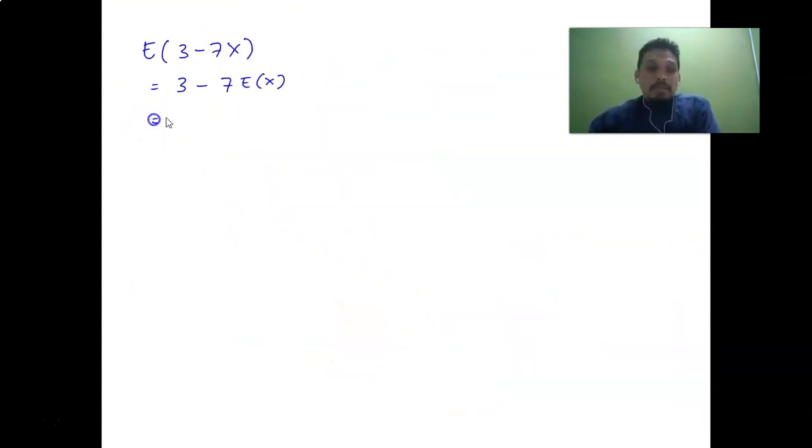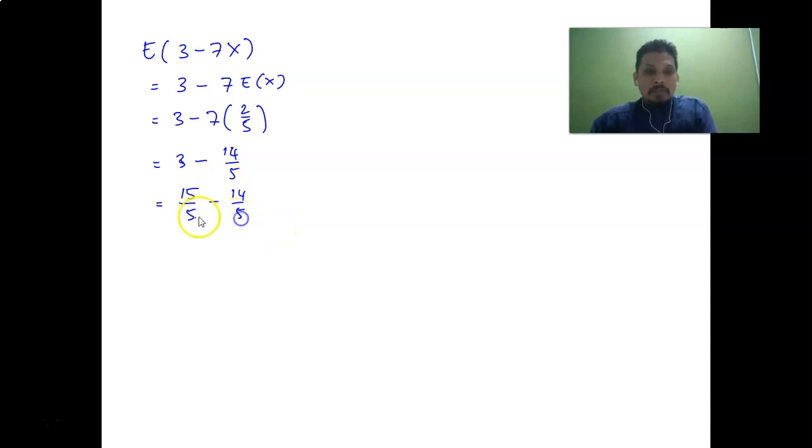So now this is 3 minus 7 times the expected value of x. What is the value of expected of x? 2 over 5. So 3 minus 7 times 2 over 5 equals 14 over 5, and 3 times 5 equals 15 over 5, minus 14 over 5.